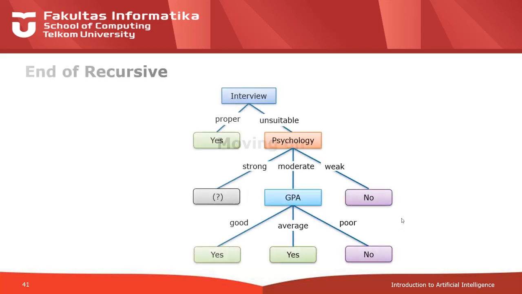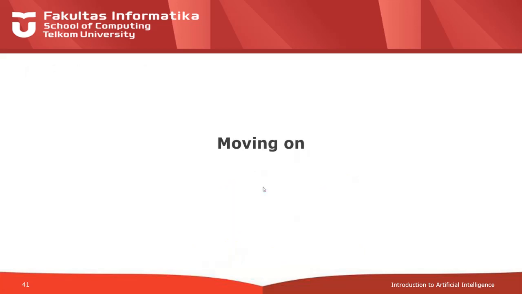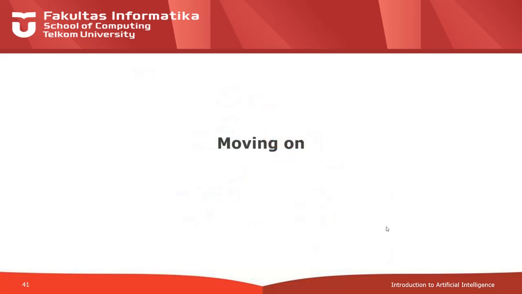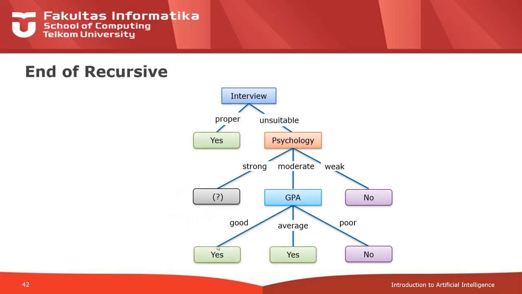Okay, and if you do it again and again, the last one is basically this becomes no, and then this will be split again. So split based on GPA, you can see here, if it's good or average, it will be yes, and if poor, it will be no. All right, so it will be like this.